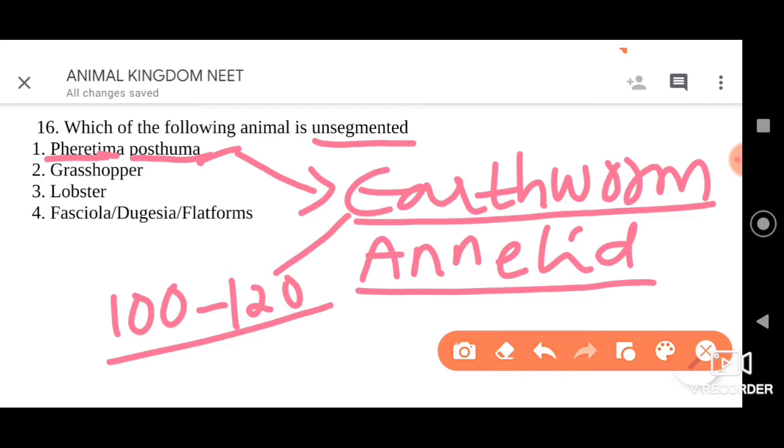As it belongs to annelid, it is called a segmented worm. So without doubt, the earthworm, the organism which survives in soil, which is referred to as the farmer's friend because it helps in maintenance of the fertility of the soil, is a segmented organism. So this cannot be the option here.